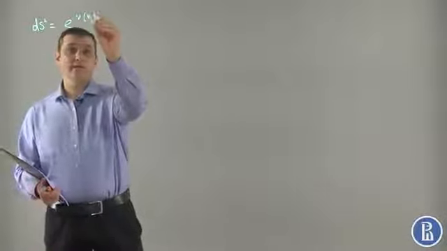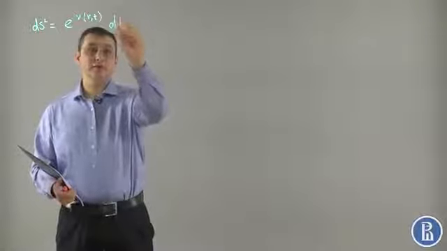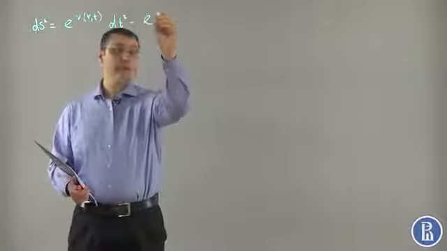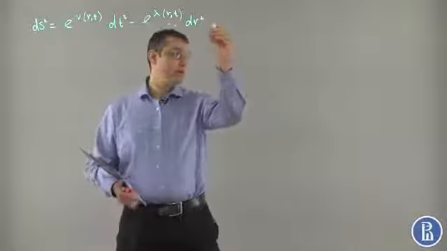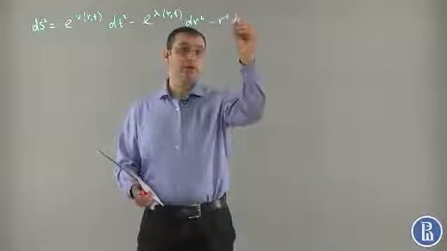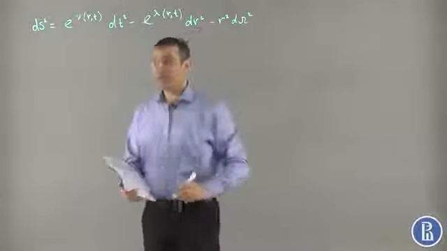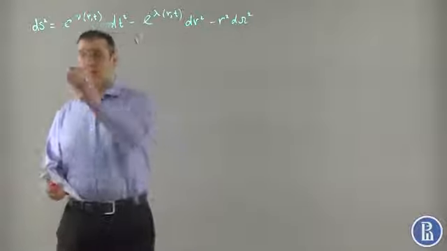So we have obtained, for the metric of the form e^{nu(r,t)} dt squared minus e^{lambda(r,t)} dr squared minus r squared d omega squared, the following equations.